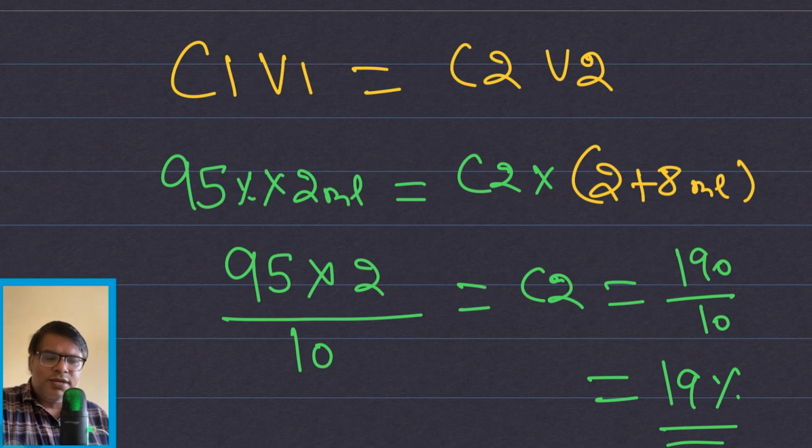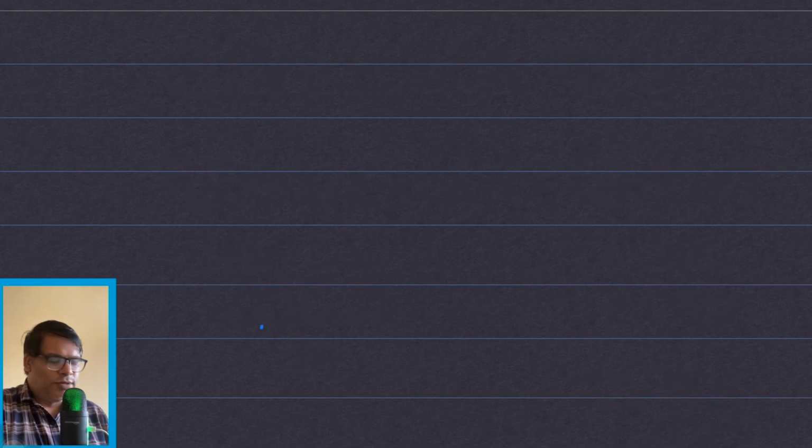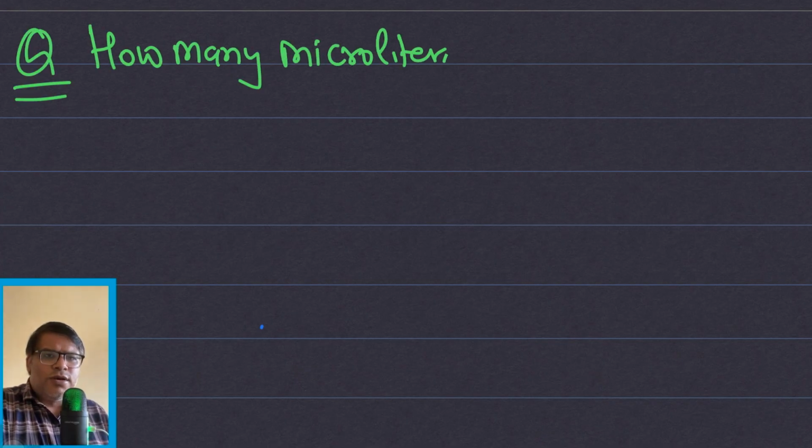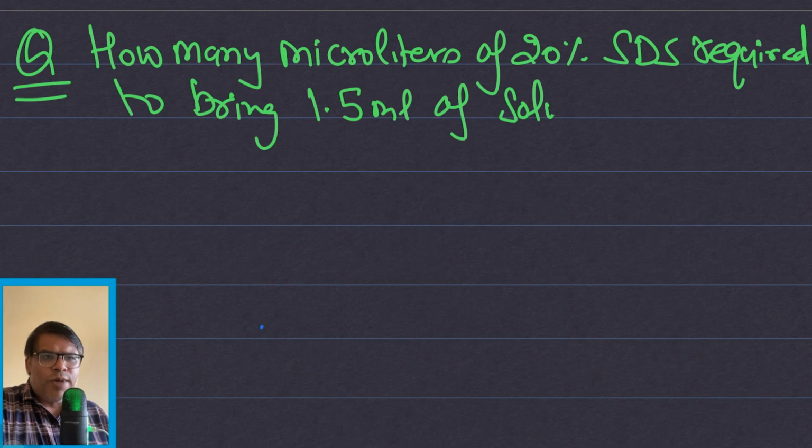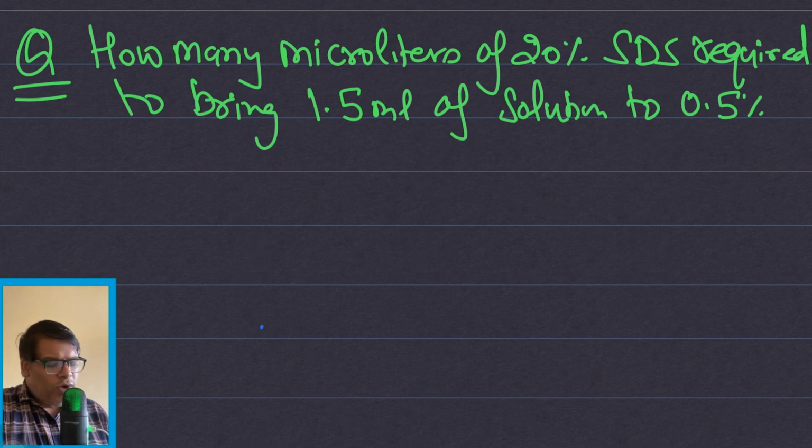Quite easy. Now let us move forward. We will solve a slightly more complex numerical problem. Now the question is, how many microliters of 20% SDS are required to bring 1.5 ml of solution to 0.5%?